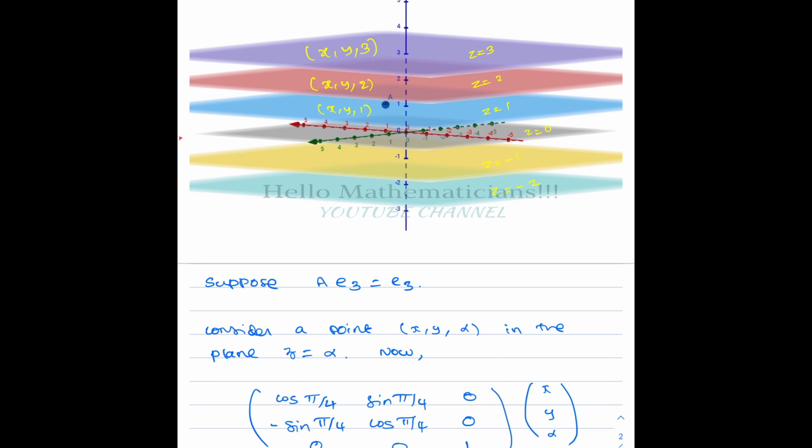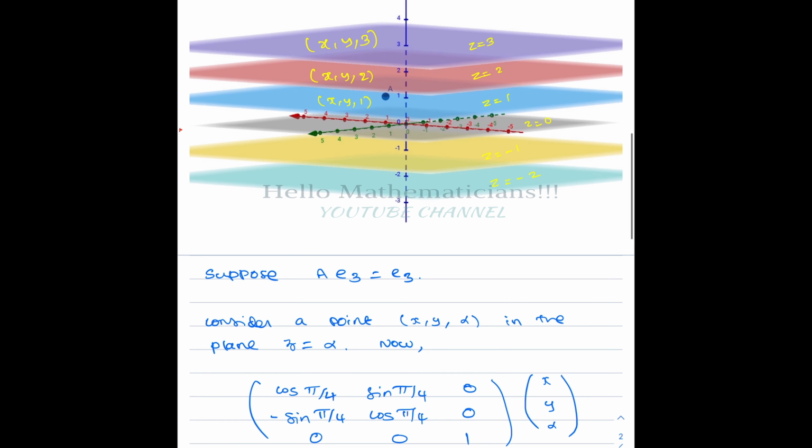Okay, so basically if it is an arbitrary linear transformation from R cube to R cube, then the image of this point can very well go here. Image of this point can very well go here. But since this satisfies A of E3 equal to E3, we have proved that if you take a point from the plane z equal to alpha, then its image also will lie in the same plane.